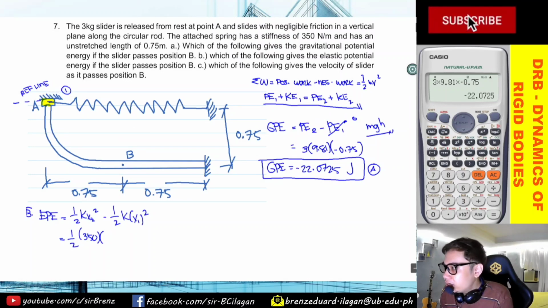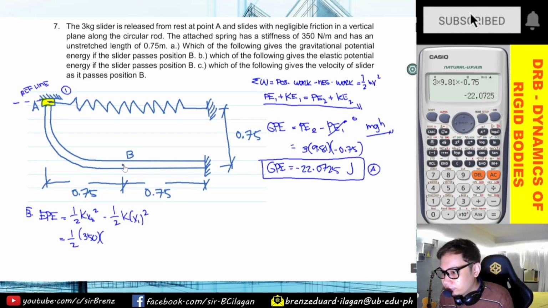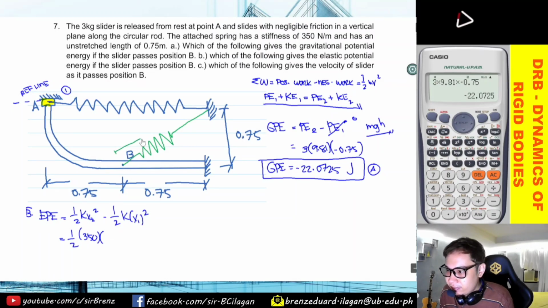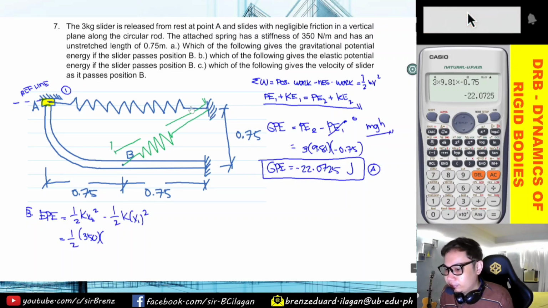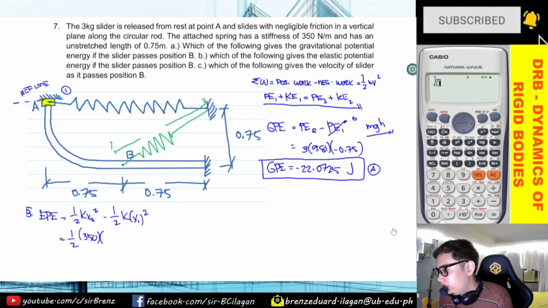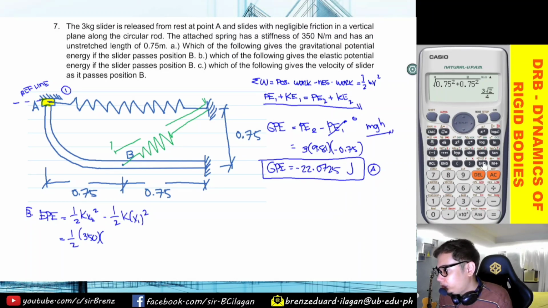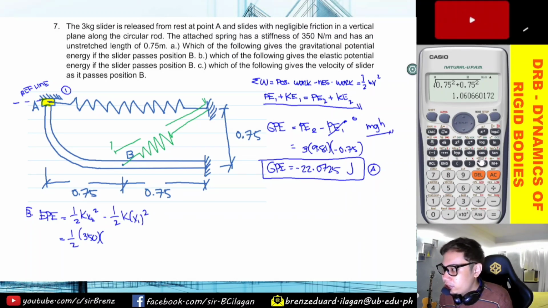Ngayon, nung dumating siya dito sa point na to, ayan, what will be the length of the spring here? Para makuha yung distance na yan, ano ba yung form natin dito? Di ba triangle? Or that is equals lang sa square root of 0.75 squared plus 0.75 squared, or that is 1.0607.